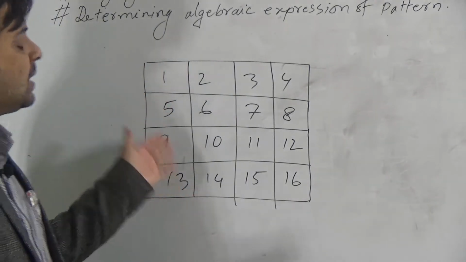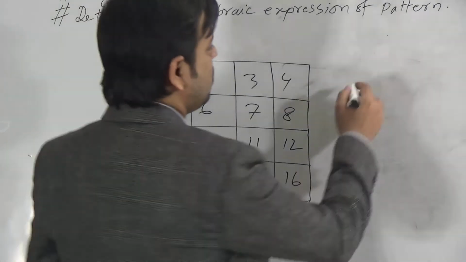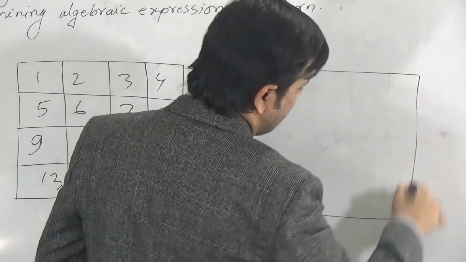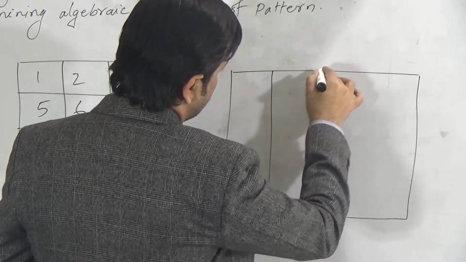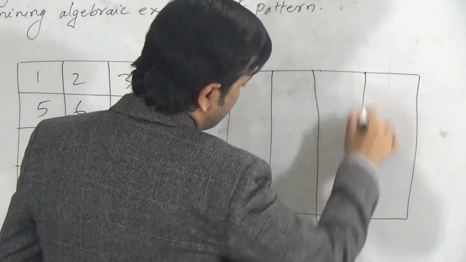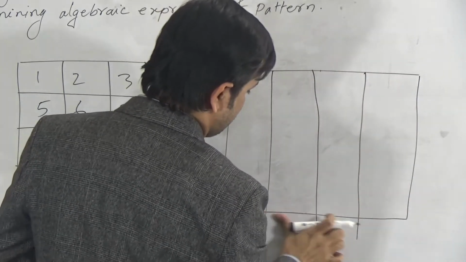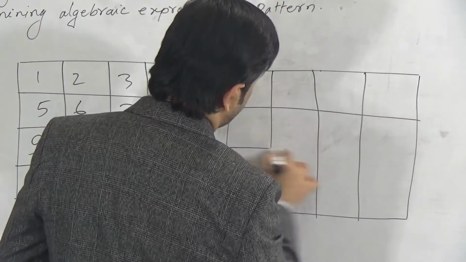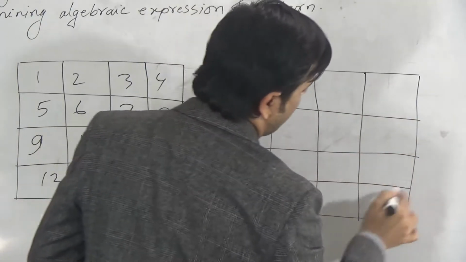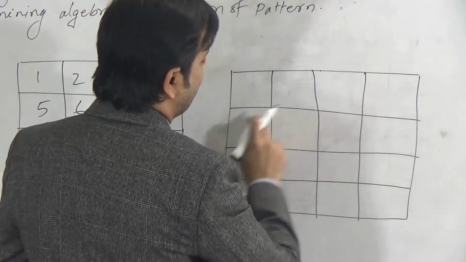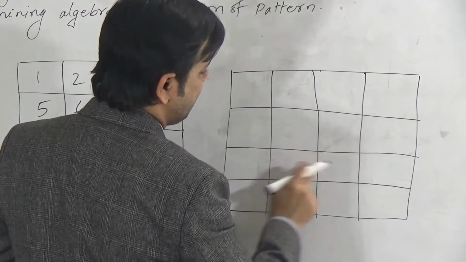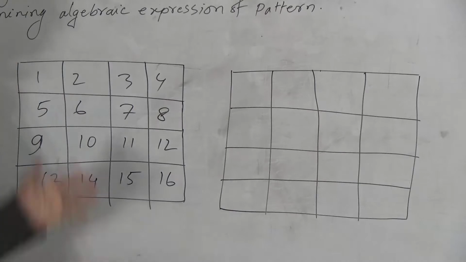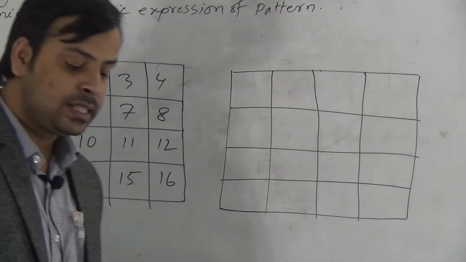To arrange this, at first we have to draw the square. So draw the square here. This is the square. Now 1, 2, 3, 4, 5, 6, 7, 8, 9, 10, 11, 12, 13, 14, 15, 16. Okay, now I have to arrange this. How can I arrange this?